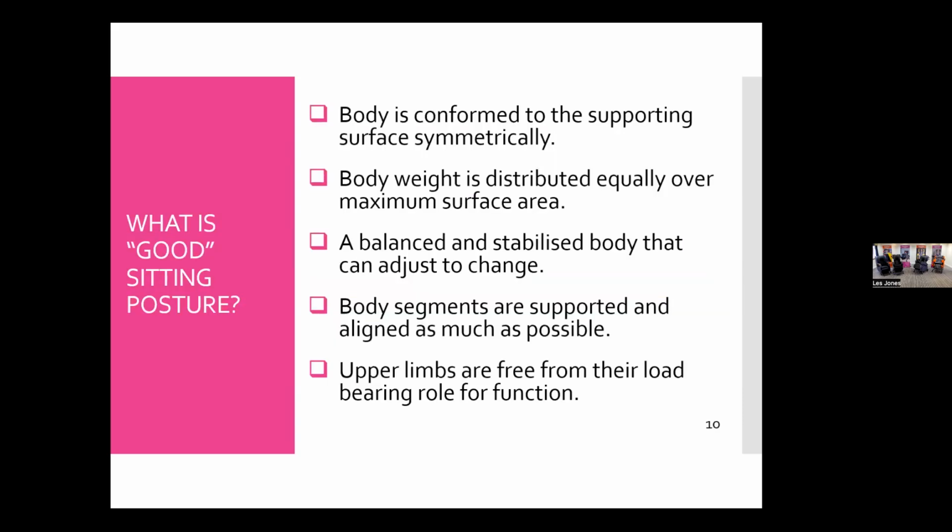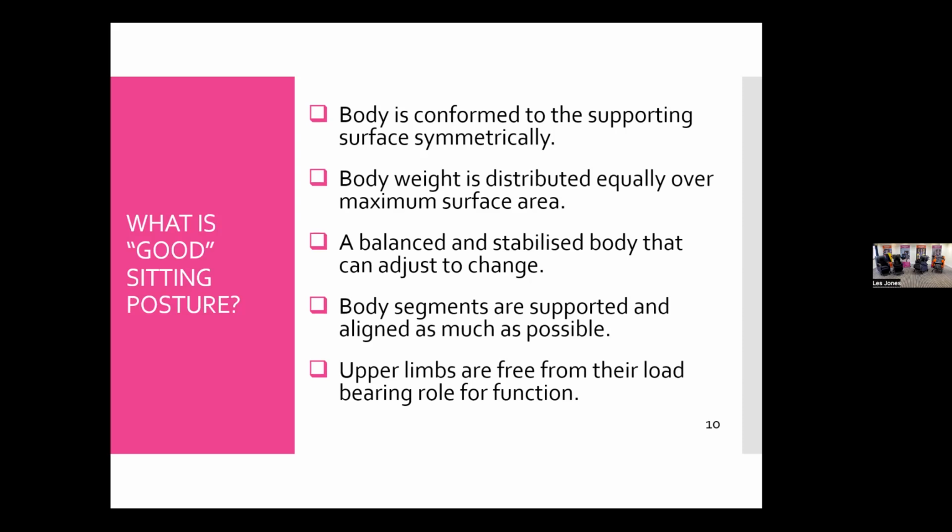When we talk about good sitting posture, those of you who have an interest in postural care and those of you who have been to our webinars before will no doubt have seen this handy checklist from Pope that goes through what we ideally want to see, the optimum positioning within the chair: the body conformed as symmetrically as possible to the support surface, body weight distributed as equally as possible, balanced and stabilized, but still able to adjust to change, so still able to reach outside of the base of support for activity whilst remaining safe within the chair.